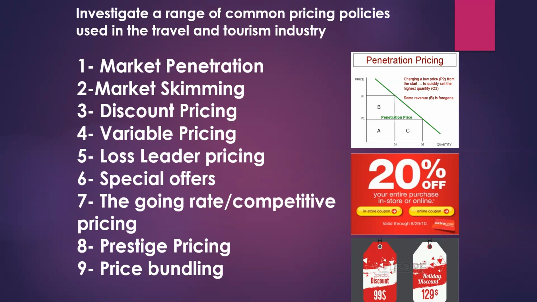So what do I do? I charge a high price. I make it expensive. When I charge a higher price than the other products around in the market, the customers will think, if it's expensive, it means it's high quality. And it's new, so people love to be the first ones who try something new. And when they know it is expensive, they know it's of high quality. That is market skimming.